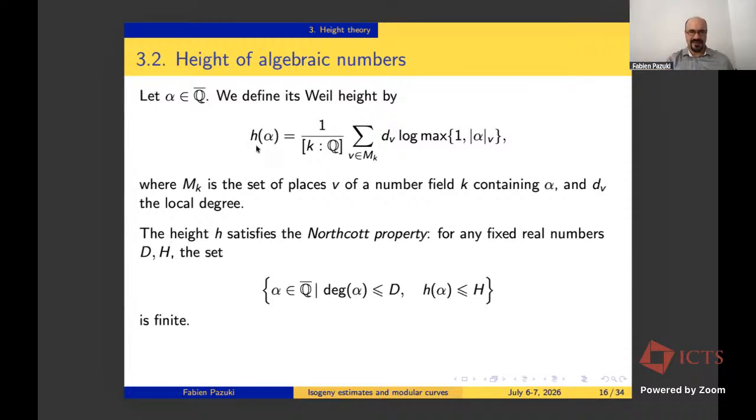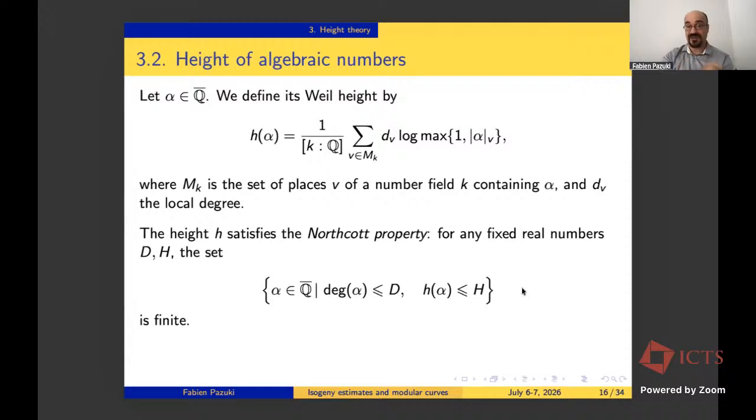And now this height, this function on Q bar, satisfies what is called the Northcott property. So that's the dream we wanted to have for any height function. What is it saying? It's saying that the set of numbers such that the degree and the height are bounded above by fixed parameters, d and h, is actually a finite set. Yeah. So if you study algebraic numbers, if you want to prove you only have finitely many algebraic numbers satisfying something, one strategy you can use is to try to bound both degree and height.